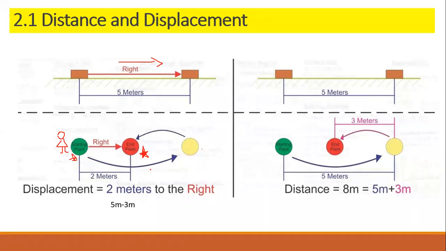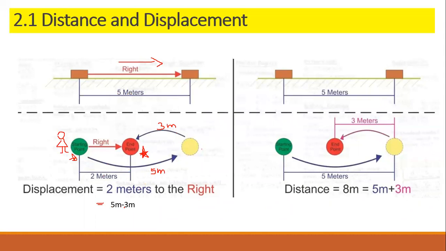So consider this as 5 meters. It is given here, the total length is 5 meters. She has come back 3 meters. Once we are considering this right direction, we have to take that as the direction of movement.